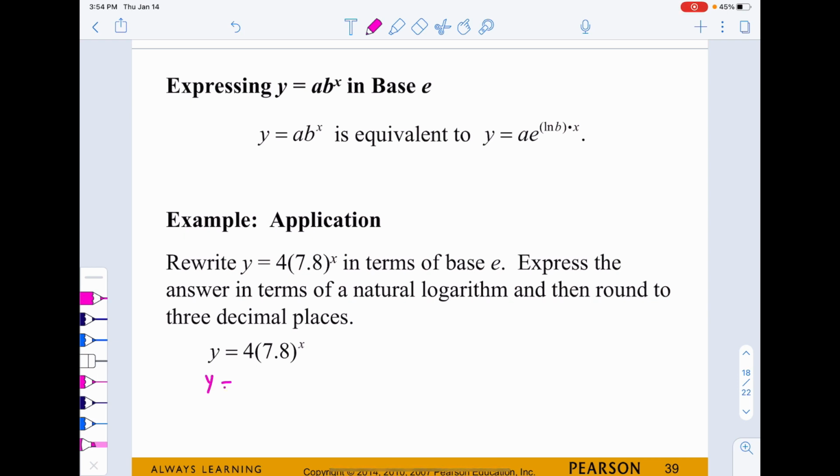So y is going to equal 4 times, but we're going to take this as a base of e and raise it to the power of the natural log of 7.8. That's going to multiply with that x. And now that I have that, I can simplify down. I can throw in my calculator an ln of 7.8. So that's going to give us y is equal to 4 times e raised to the 2.054x.